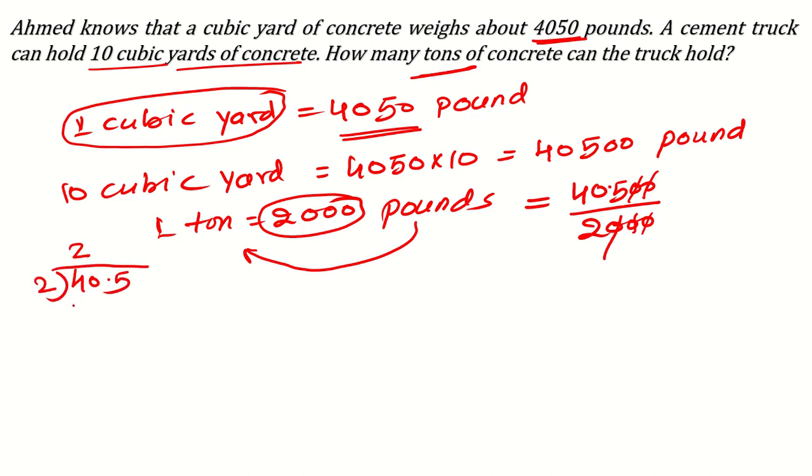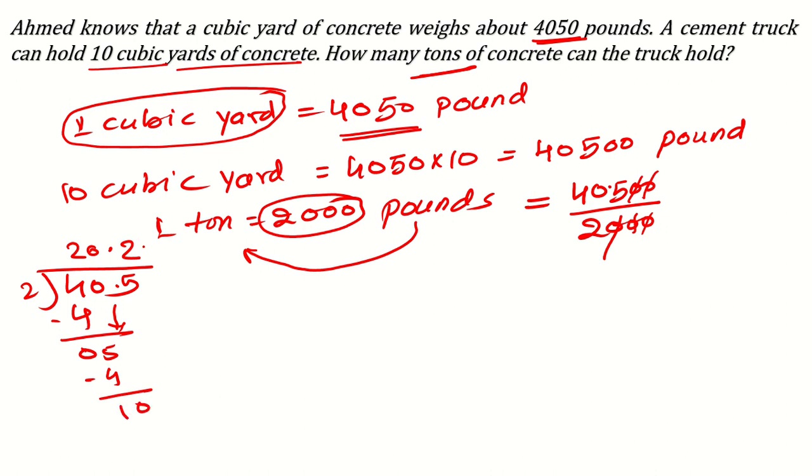Just divide: 2 times 2 is 4, then 0, then decimal point, then 5 comes down, 2 times 2 is 4, minus 1, it will be 1, then 10, 2 times 5 is 10. So this will be 20.25 tons. Okay, like this you can do the question.